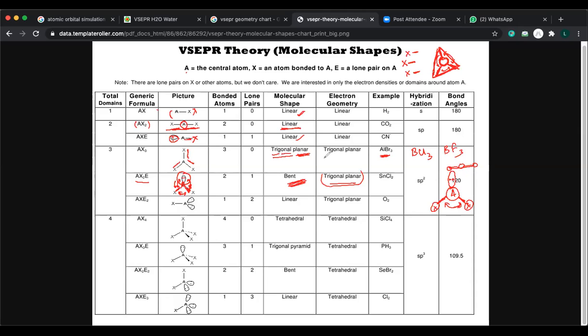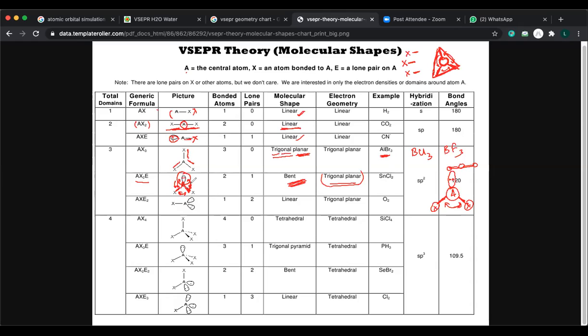This angle is not going to become 90 all of a sudden. It's going to be slightly less than 120, like 117, with minor fluctuations. Yeah, got it. Okay.